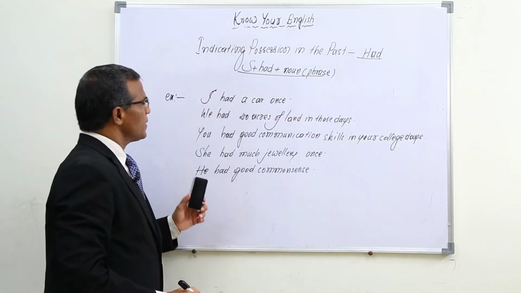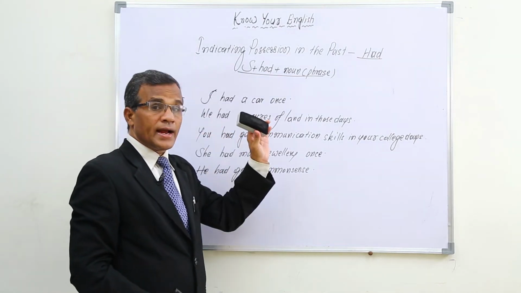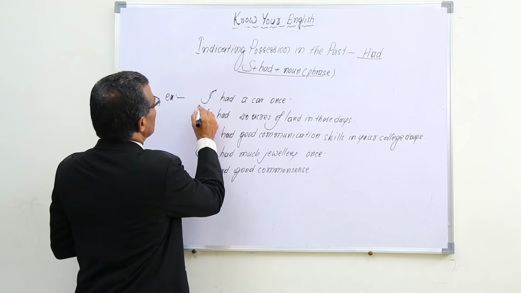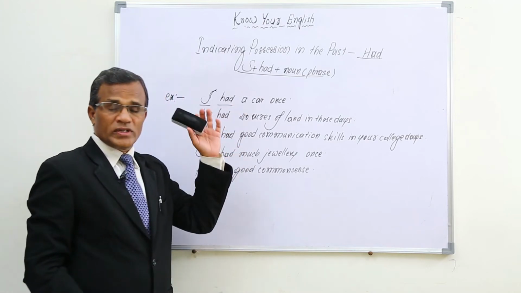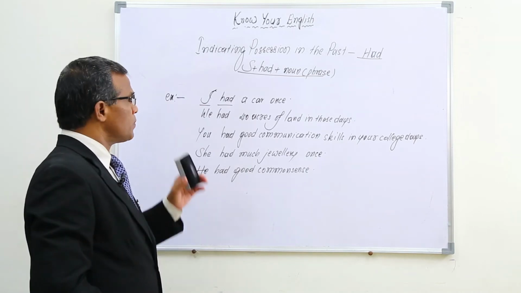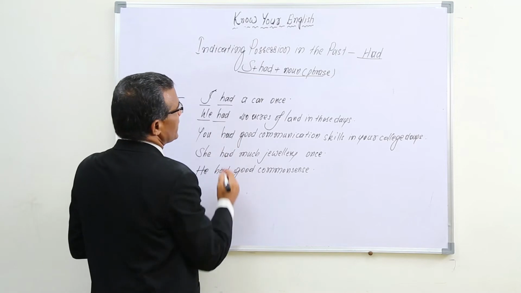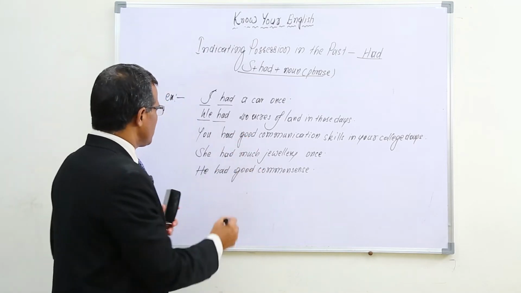So in this way we talk about the things the subject once had or possessed. I had a car once means in the past I possessed one car. In the same way, we had 40 acres of land in those days.